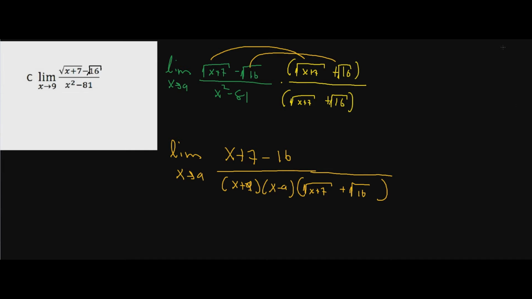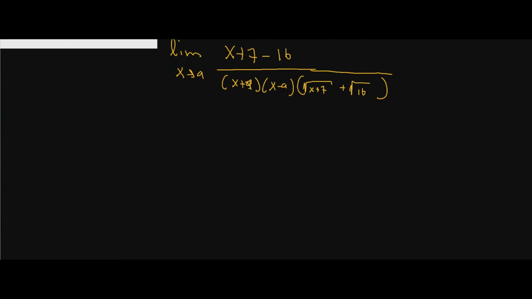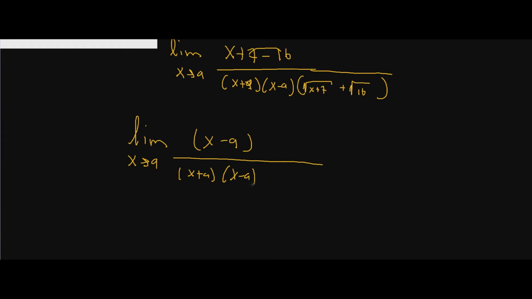Okay, let's go ahead and simplify this a little bit down below here. So we're going to get the limit as x approaches 9. Well, 7 minus 16 is going to give me x minus 9. That's pretty nice. I'm going to have x plus 9 and x minus 9 on the bottom, and we still have the square root of x plus 7 plus the square root of 16.